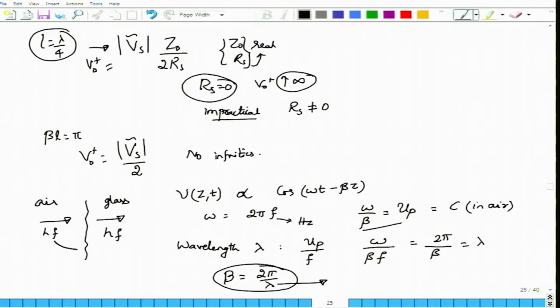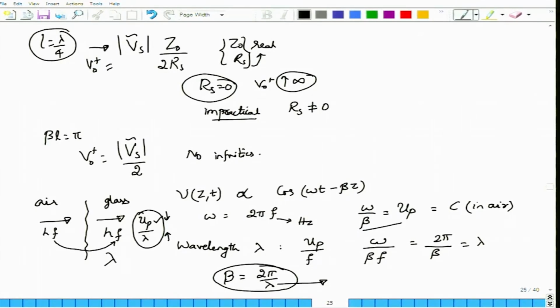In other words, when it goes from air to glass, the frequency of the photon does not change. What does change is the wavelength lambda, because inside glass your phase velocity changes, and the ratio of phase velocity to lambda must remain constant because the frequency must remain constant. Therefore, if the phase velocity decreases, lambda actually decreases.